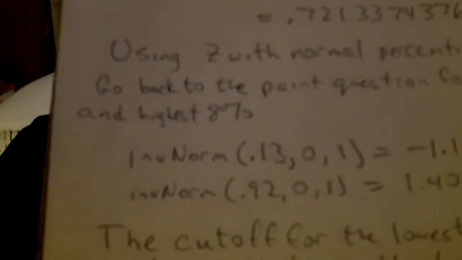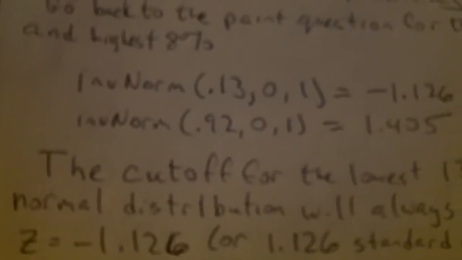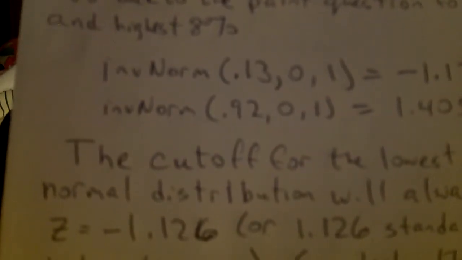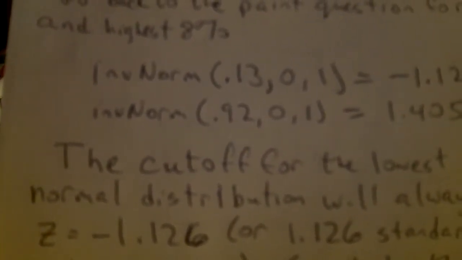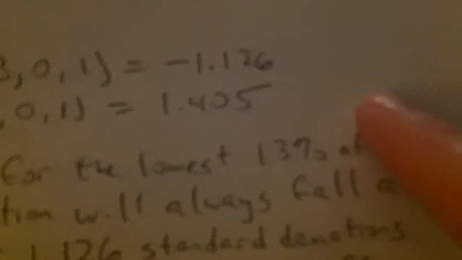Okay, similarly, if we're using z with normal percentiles, if we go back to the paint question, the lowest 13%, the highest 8%, there are the values, the inverse normal, but instead of having the 415 and the 17.3, we put in 0 and 1, and we get those values right there.